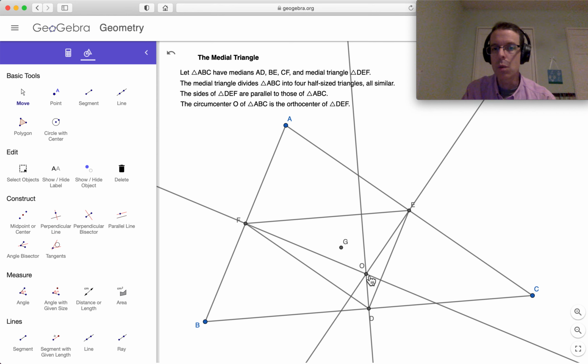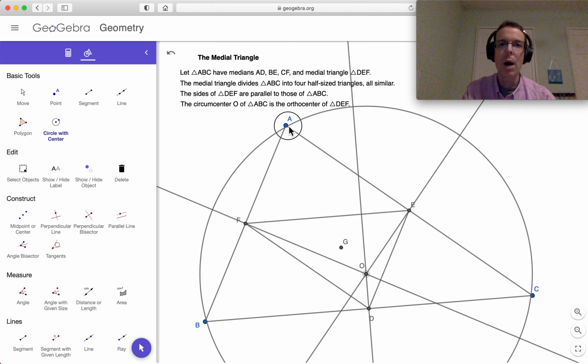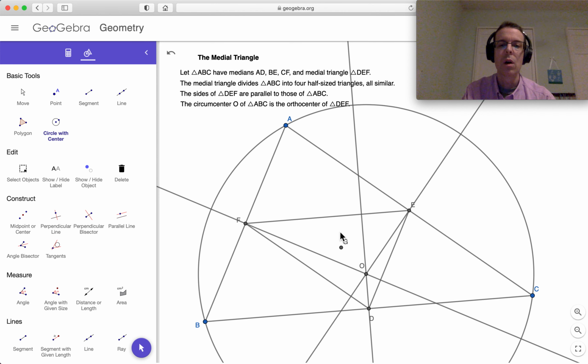And that makes this one point, the point of intersection, simultaneously two different things. This point of intersection O is, yes, the circumcenter of the original triangle ABC, but it is also the orthocenter of the medial triangle DEF because it is the intersection of those altitudes.